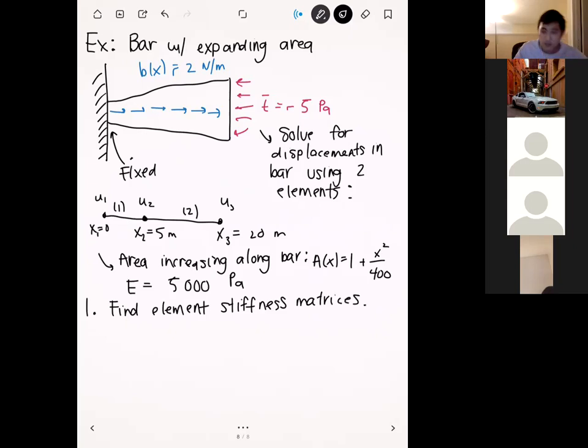In here we have 2 of them, right? And so we're going to do it for element 1 and also for element 2. All right. Element 1 looks like this.